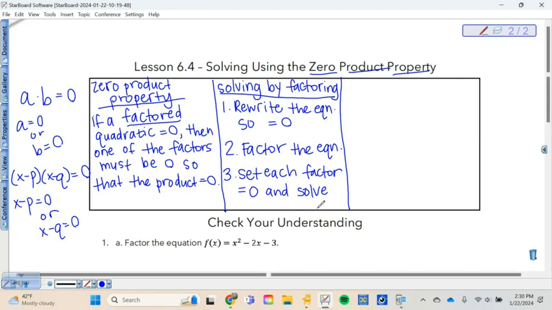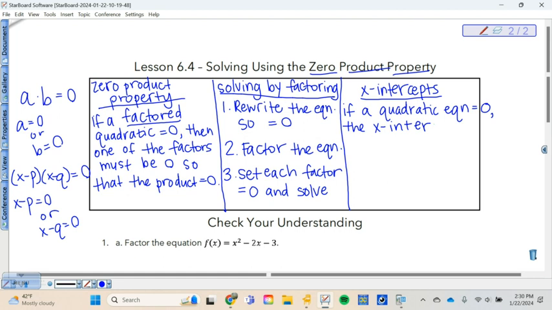Okay, and then those solutions are related to our x-intercepts. If a quadratic equation equals 0, the x-intercepts are the solutions, I should say.